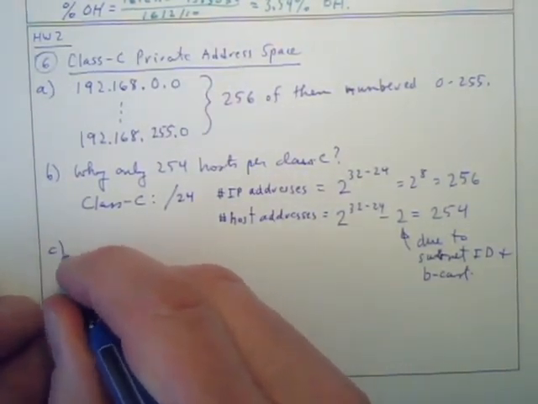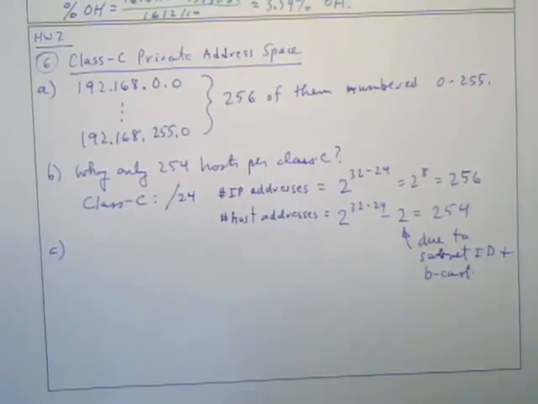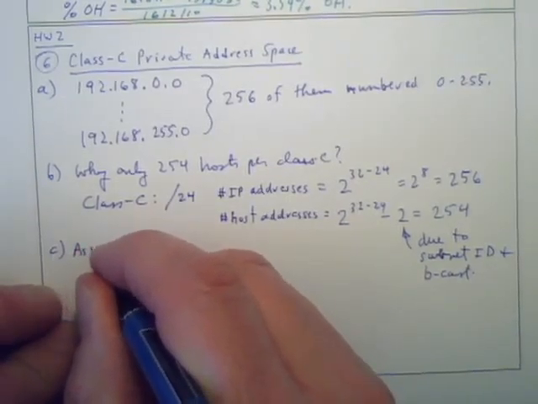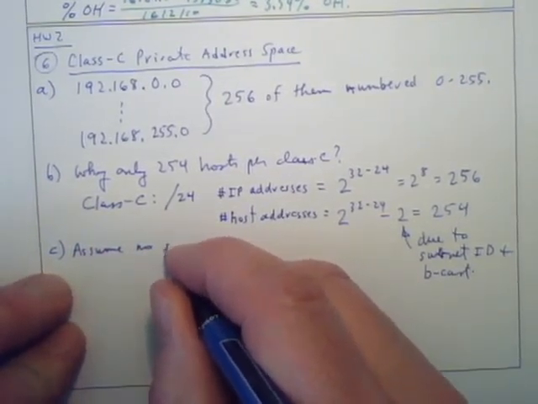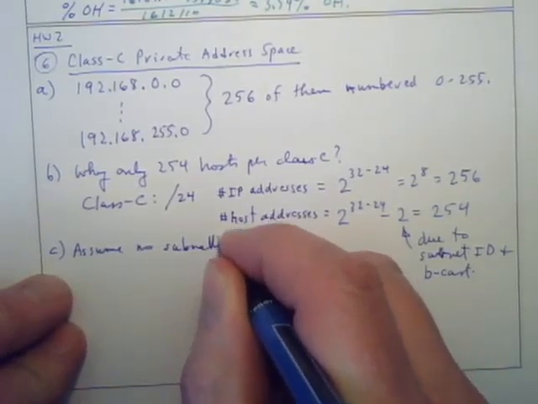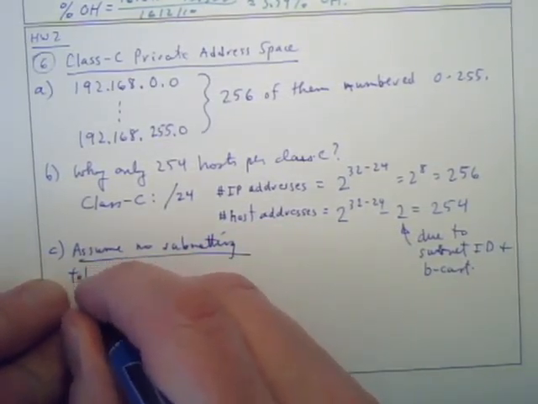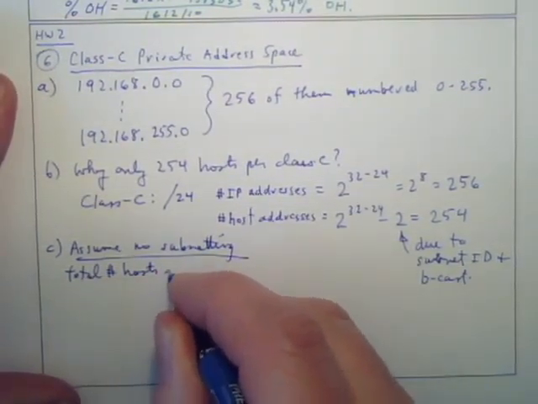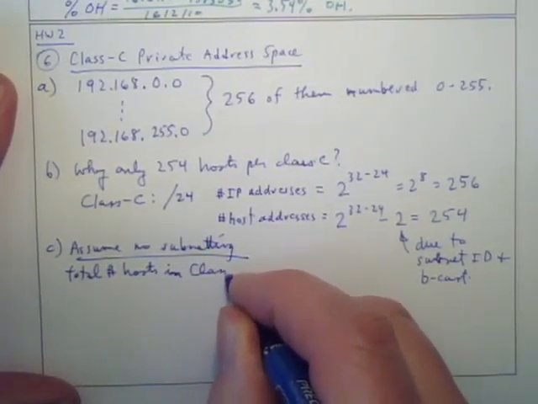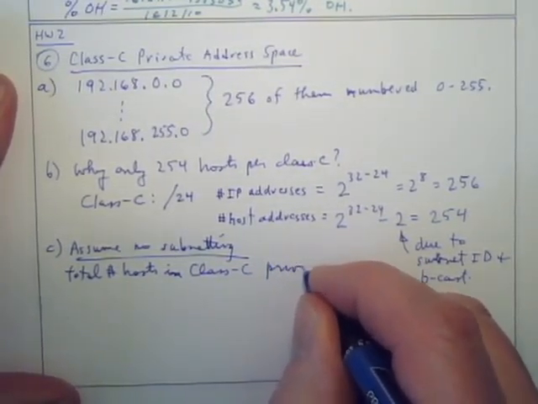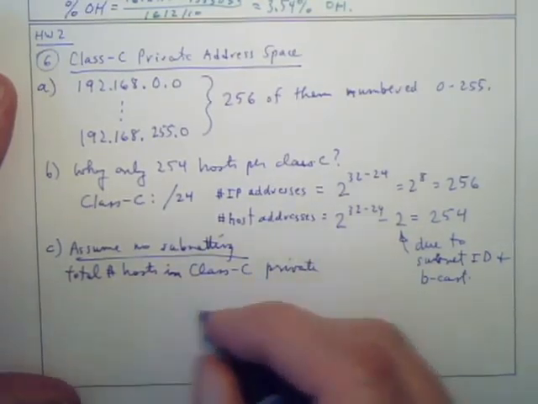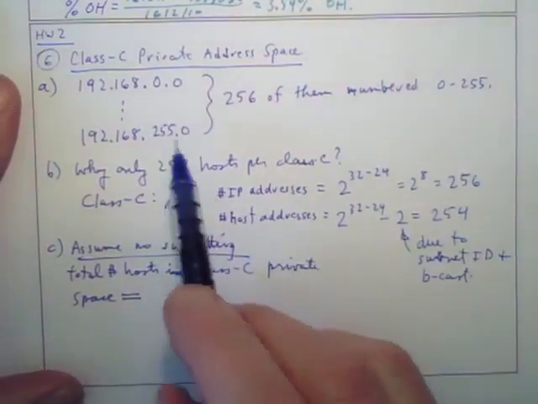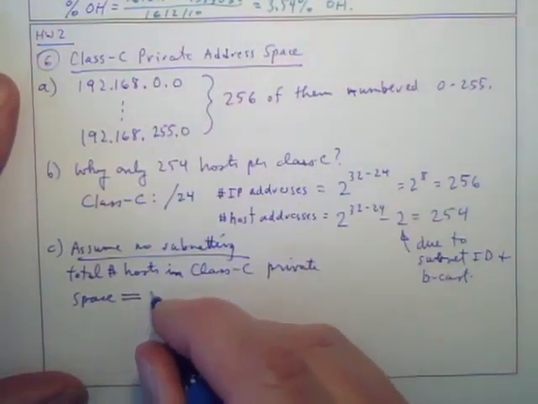Part C says, what is the total number of hosts in the Class C space? Assume no subnetting. Then the total number of hosts in the Class C private address space is equal to, well, there were 256 networks, and we had 254 hosts each.